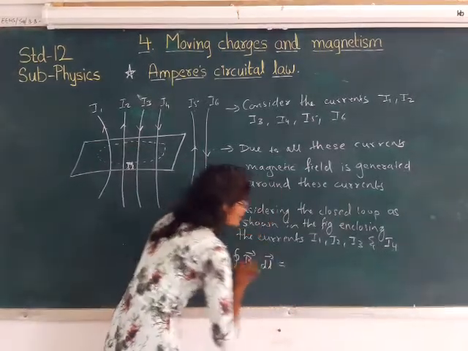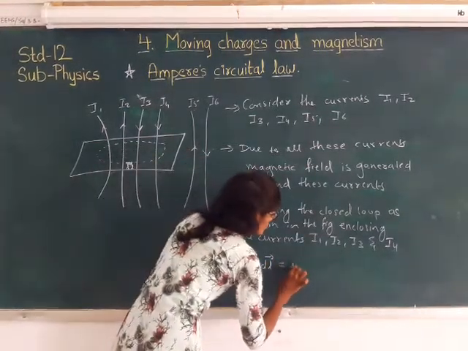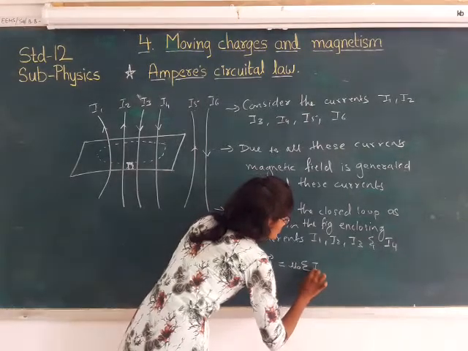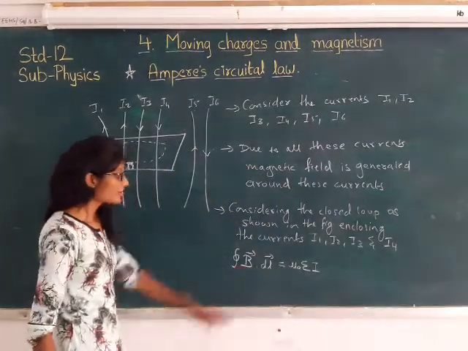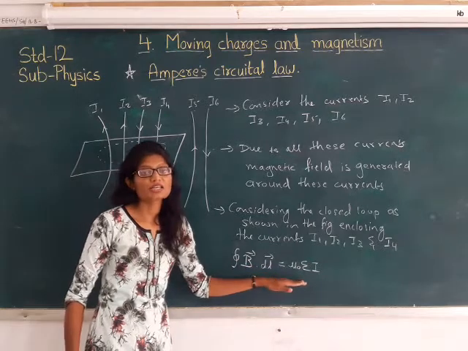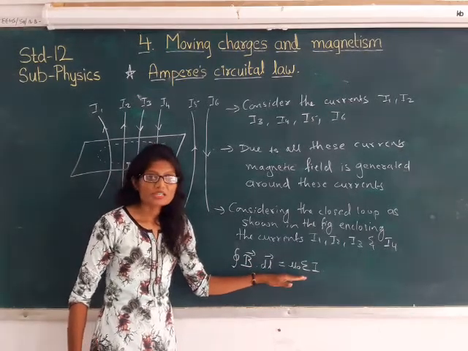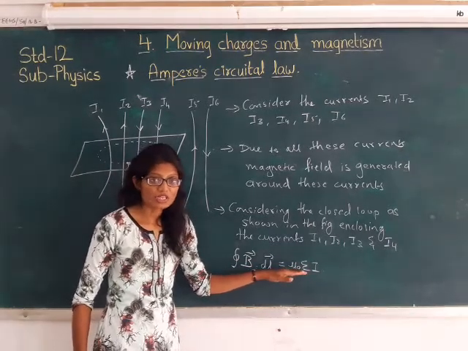So these will be equal to the product of mu 0 summation I, right? This is nothing but the Ampere circuital law. So Ampere circuital law, it is actually what?